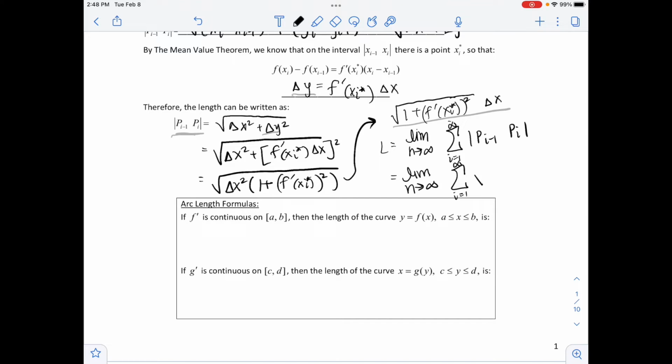So this would be the square root of 1 plus the derivative at x_i star squared times delta x.